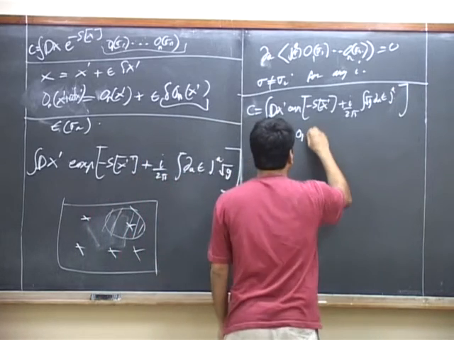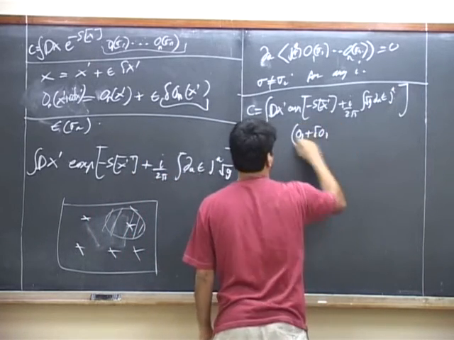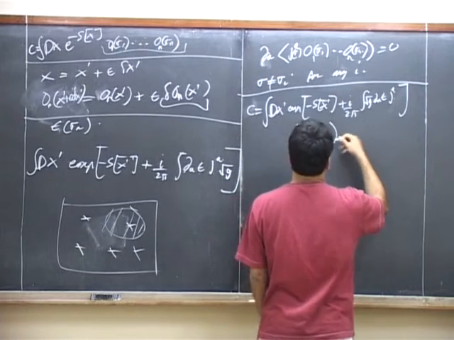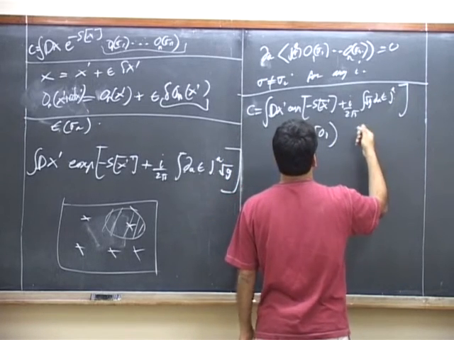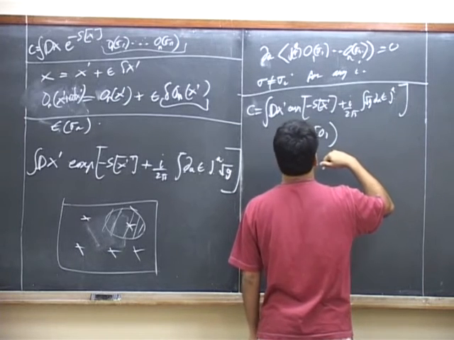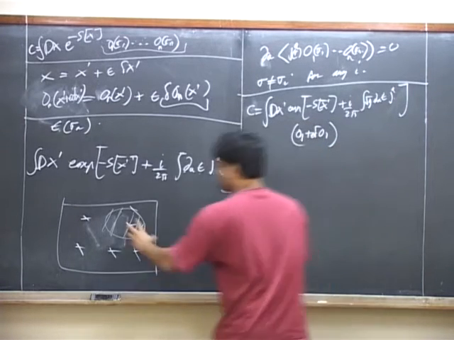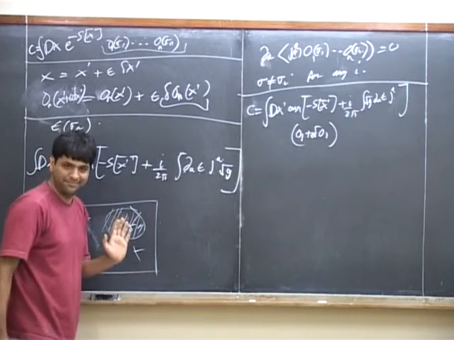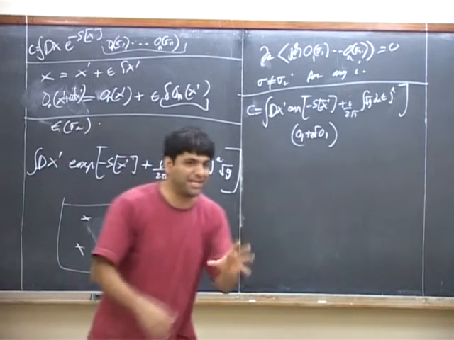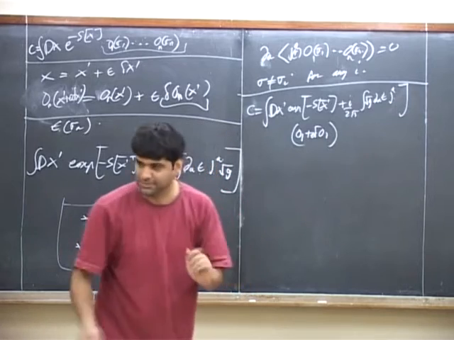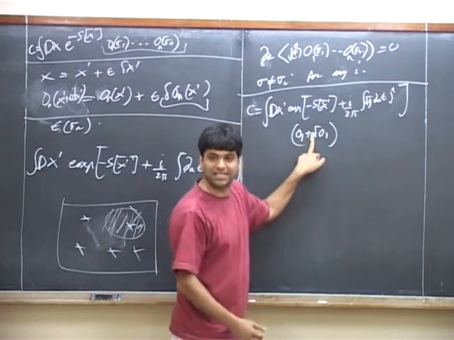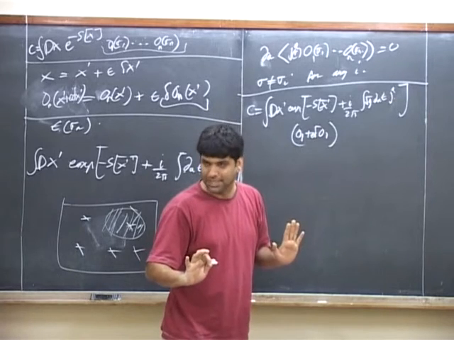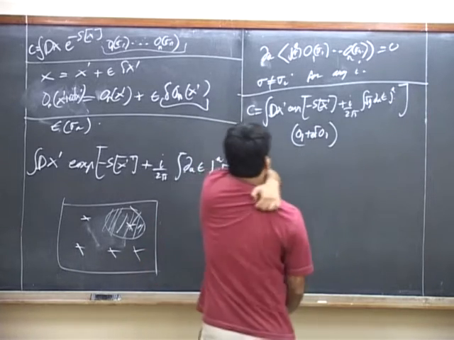So this is O1 plus delta O1. There's an epsilon here. We choose this epsilon function to be epsilon in this region and 0 outside. We want a small parameter so that we can expand everything. So that's what this epsilon is, the constant value of that function inside this region. Is that clear? Okay, good.